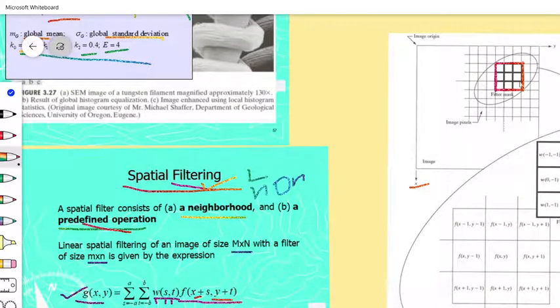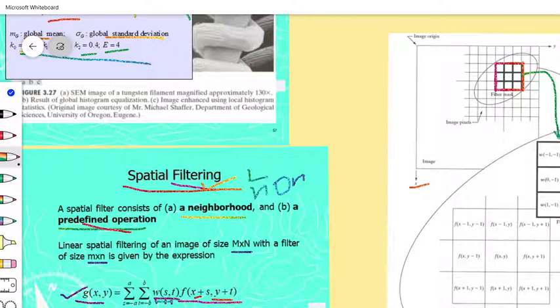From the origin we selected a filter mask which is 3 by 3. This filter mask is represented as W of s comma t, which is this. The filter coefficients are this 3 by 3 matrix.